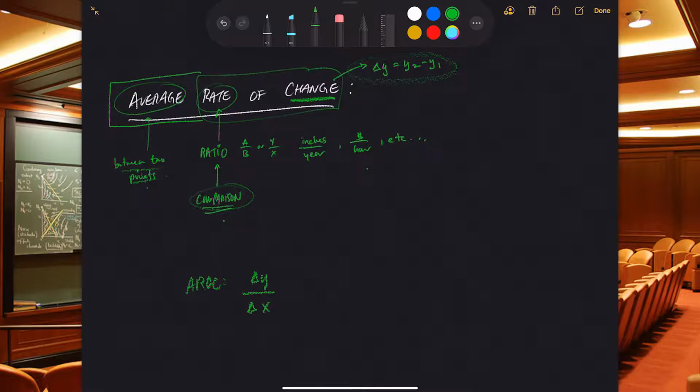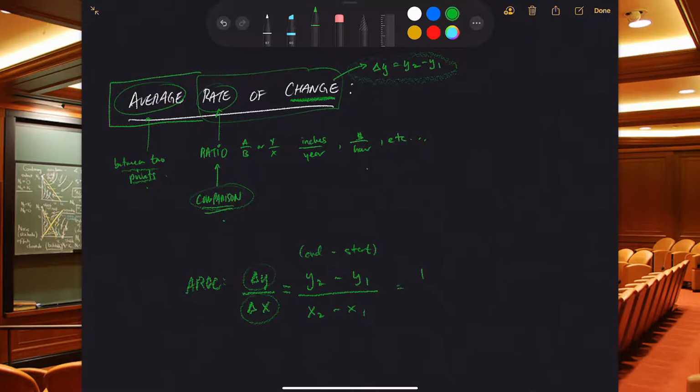So we usually use delta y over delta x. And what does this mean? What does delta y and delta x mean? Delta means change, it means the difference. So y2 minus y1, your end minus start for your output, over your end minus start for your input.